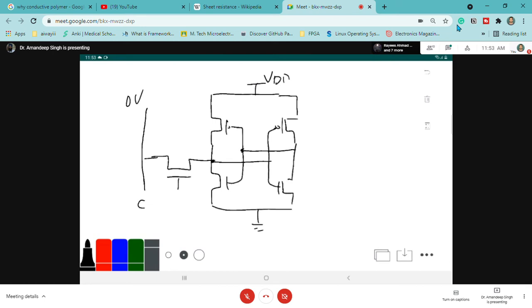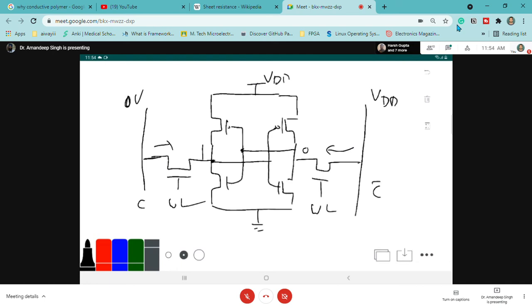Suppose previously 1 is stored here and we have to write the 0. If I have to write the 0, I'm giving the 0 to the bit line. Okay, this is the word line. And if I'm writing 0 here, then I have to write 1 here, meaning VDD. 0 was stored previously and it is charged to VDD at Q bar, so that 1 will be written here and 0 will be written here. Okay, clear? So I am again numbering 1, 3, 5, 6 and 2, and this is 4.